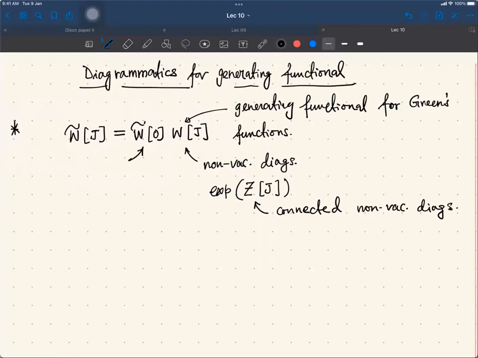This, on the other hand, has vacuum diagrams, and this can also be written as exponential Z tilde of 0, where Z tilde has only connected vacuum diagrams.